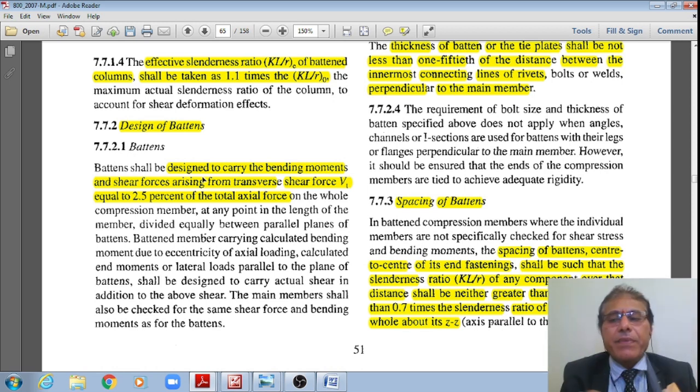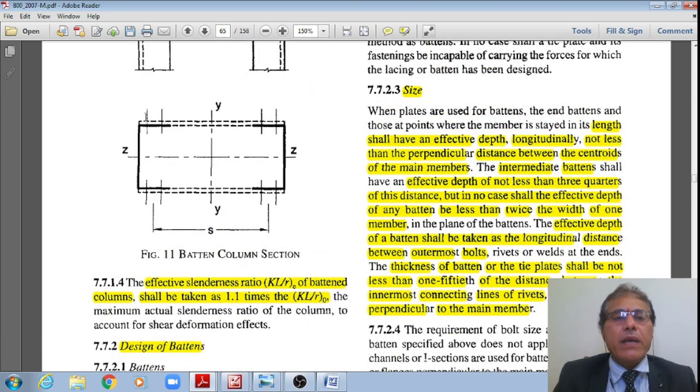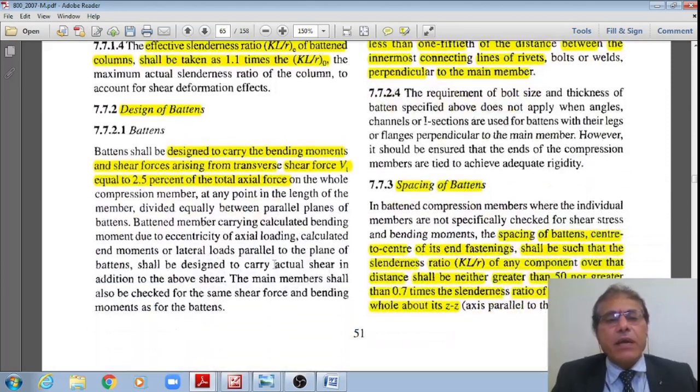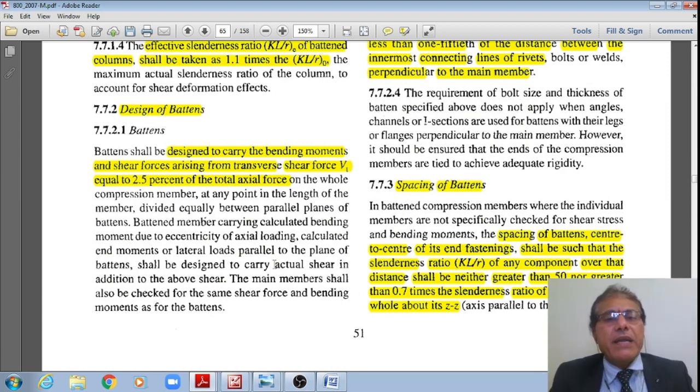Generally, here in this schematic, I do have 1 plus 1, two parallel planes. Therefore capital N is equal to 2.